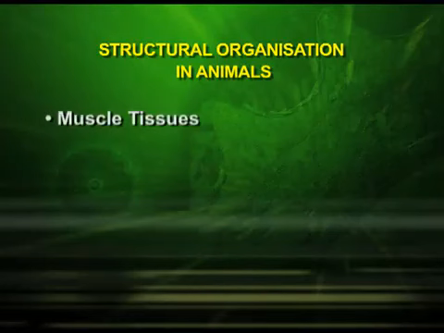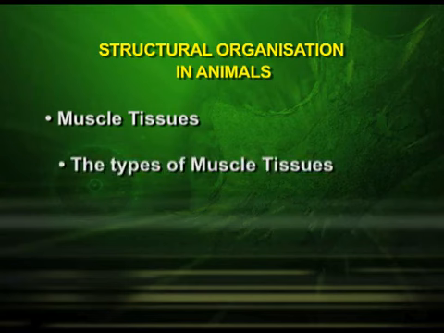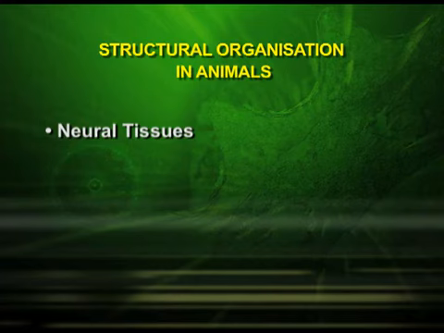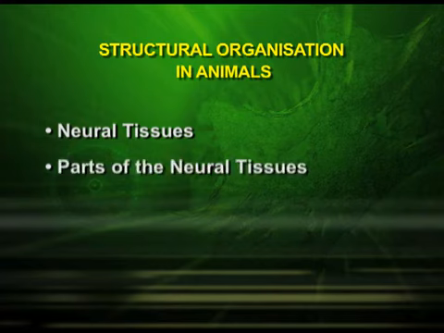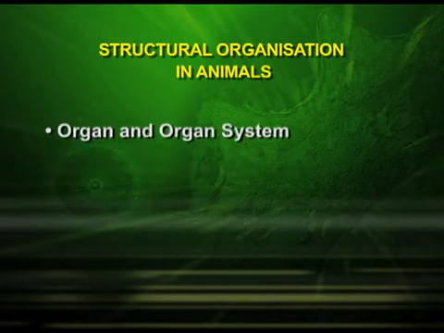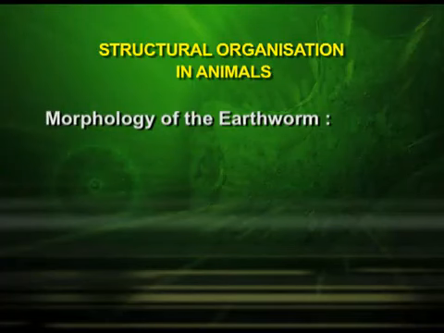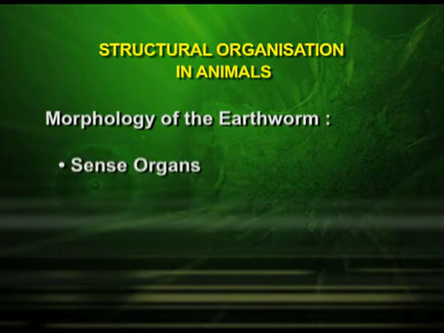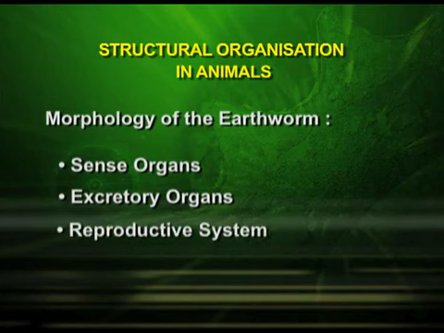We studied the muscle tissues, the types of muscle tissues, the skeletal, the smooth and cardiac tissues, the neural tissues which are the excitable cells, the parts of the neural tissues, and under the organ and organ system we studied the morphology of earthworm, and under the anatomy of earthworm we studied the alimentary canal, the circulatory system, the respiration, the nervous system, the sense organs, the excretory organs, the reproductive system, and how earthworms are useful to us.